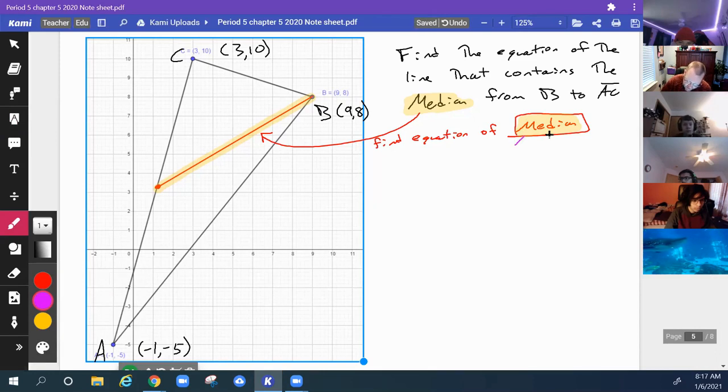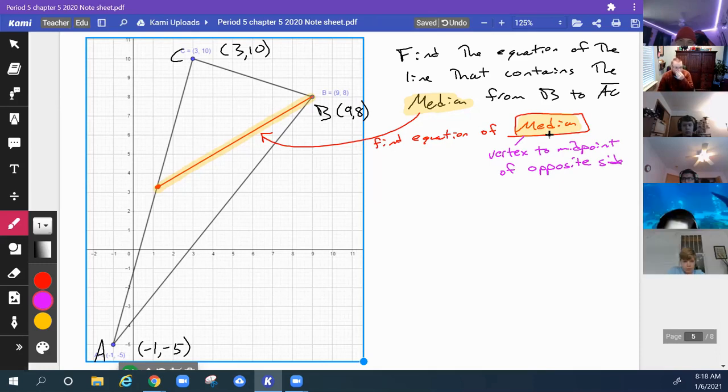A median is from the vertex to the midpoint of the opposite side. That is what I want to find.